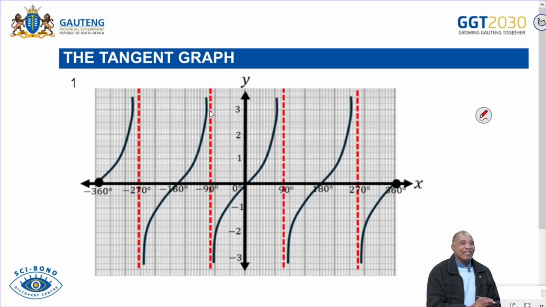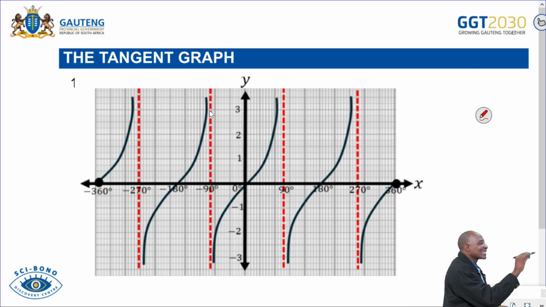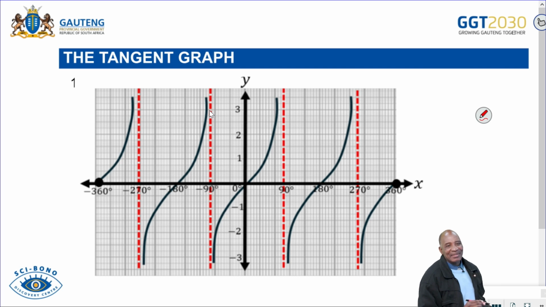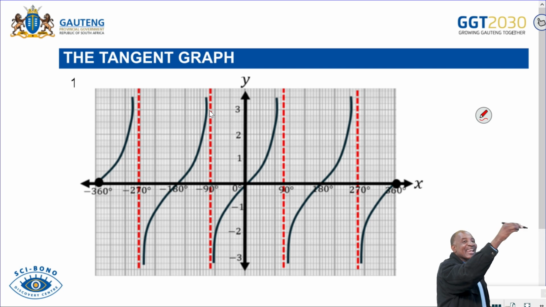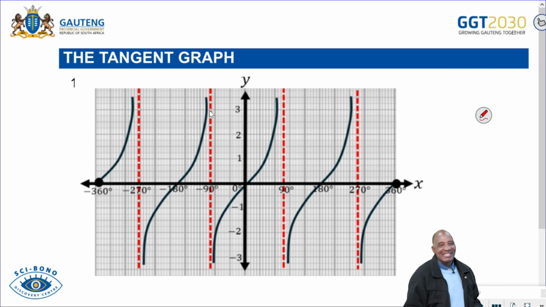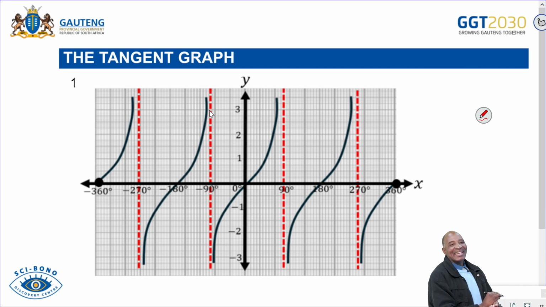Right. If I were to plot these points now, you are going to realize the following. There are these red broken lines that I've shown there, where the y values were not defined. It means these are called lines of asymptotes. This is what we mean by a line of asymptote. It means our graph won't cross that line.